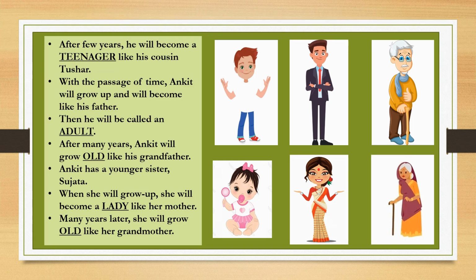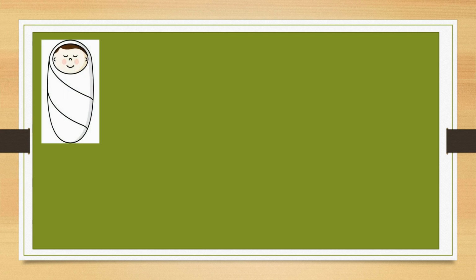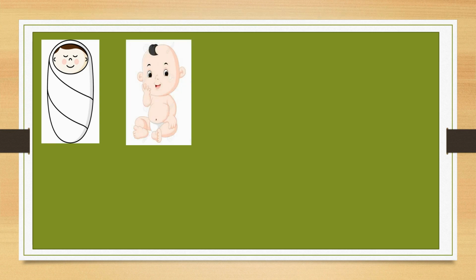Did you see the different stages of human beings? Let's have a recap once again. Here you see a baby. A baby, when grows older, learns to sit, stand, walk, talk.